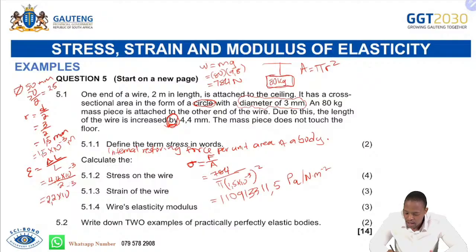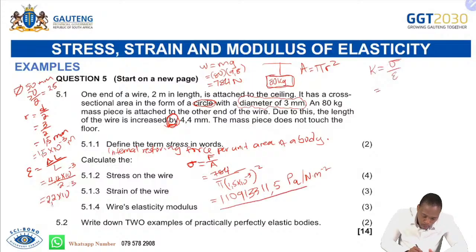I simply say K is equal to the stress over the strain. And then what I must always ensure that I do is that I use these values, okay? No matter what, grade 12, use the values that you have calculated. Trust me, you must use the values calculated in the previous questions.